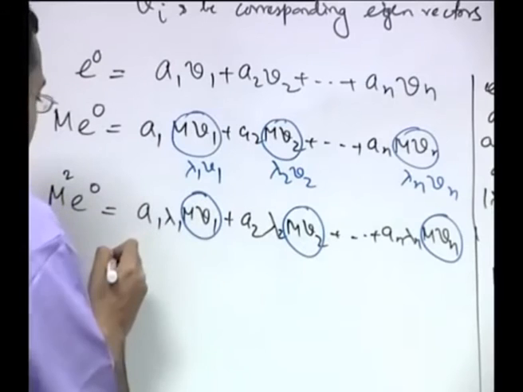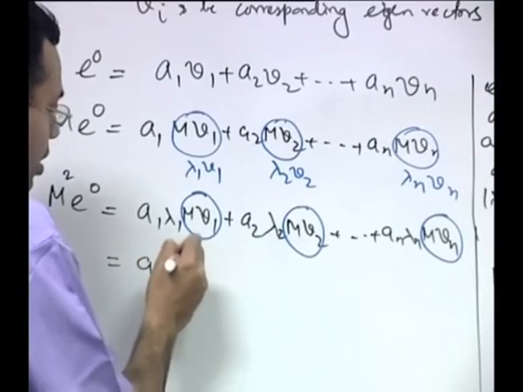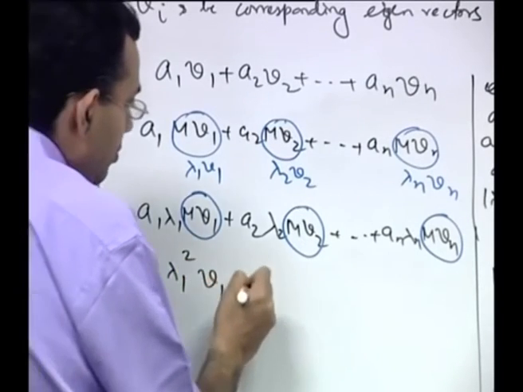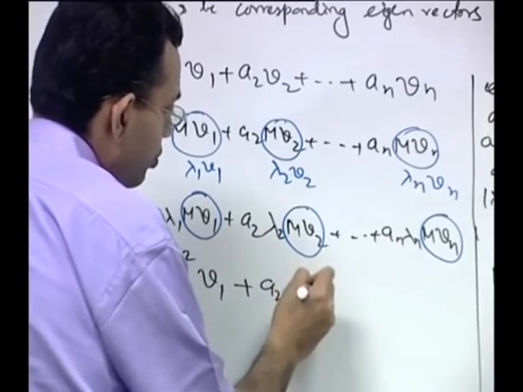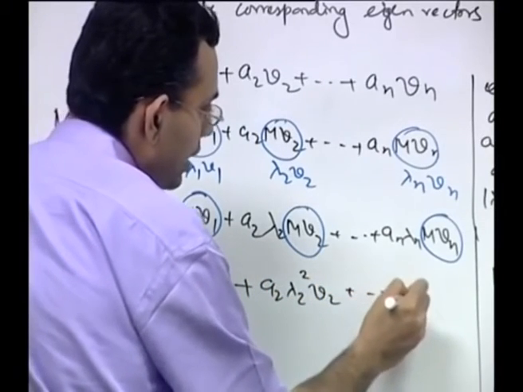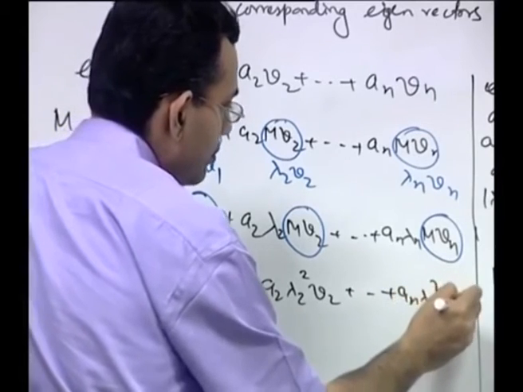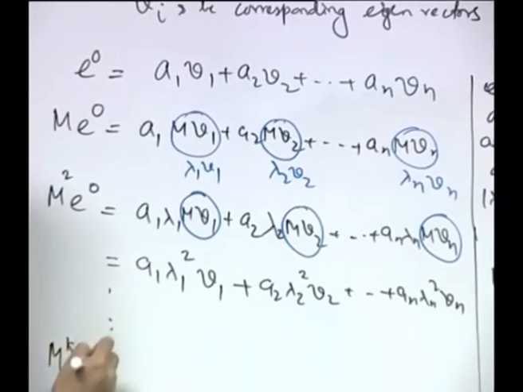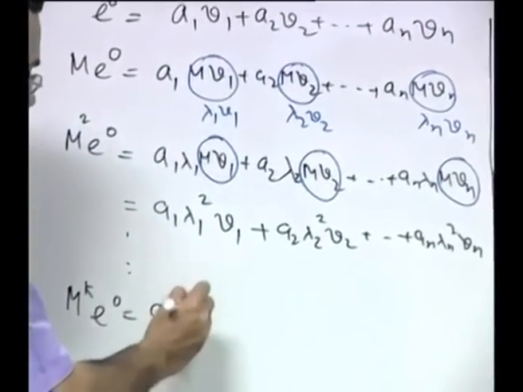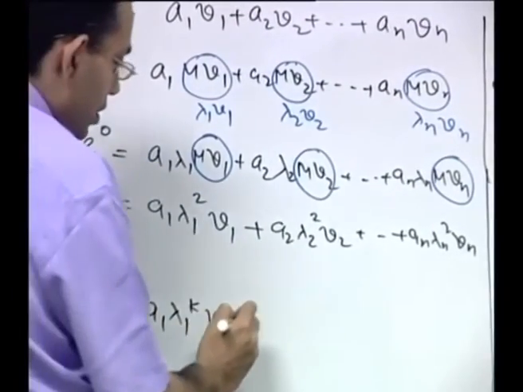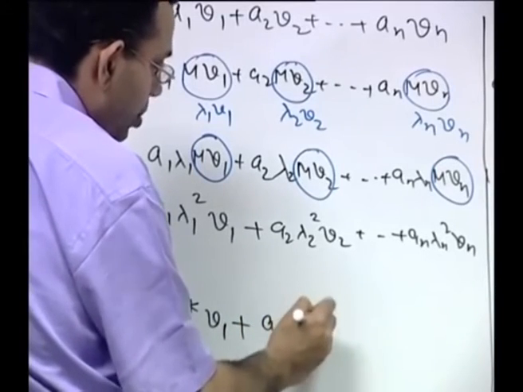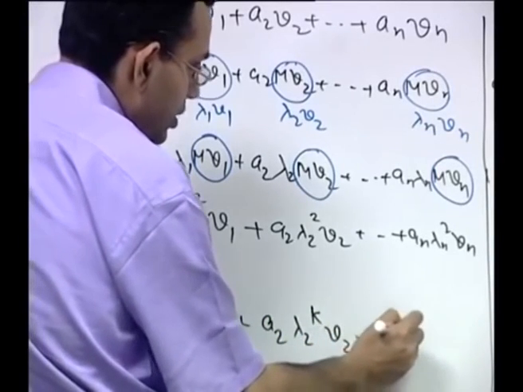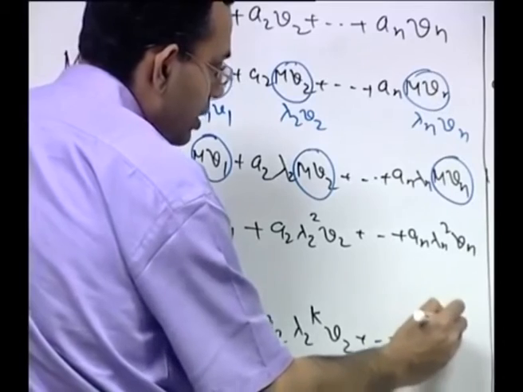So this becomes A1 lambda 1 square V1 plus A2 lambda 2 square V2, in this way, plus An lambda n square Vn. Proceeding in this way, M to the power k E0 is equal to A1 lambda 1 to the power k V1 plus A2 lambda 2 to the power k V2, in this way, plus An lambda n to the power k Vn.